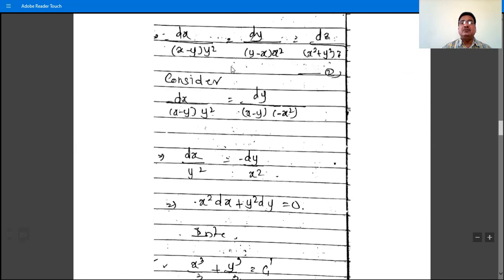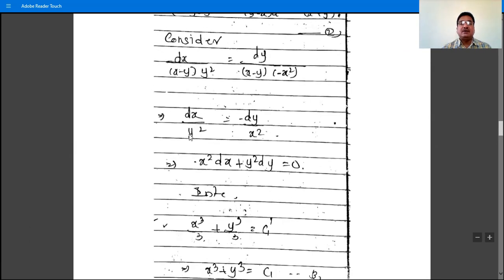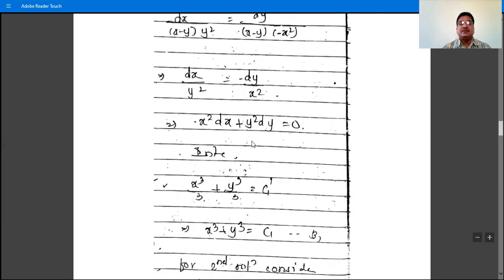Now we have to find the two linearly independent solutions of equation number 2. For the first solution, consider the first two ratios. If we observe the first two ratios, the z variable is absent. So cancel this x minus y. We have dx divided by y square is equal to minus dy divided by x square.